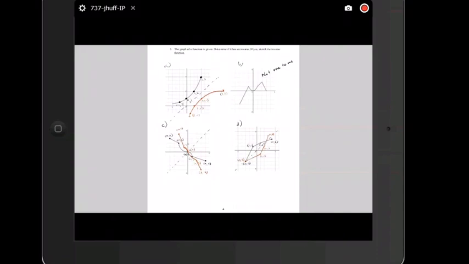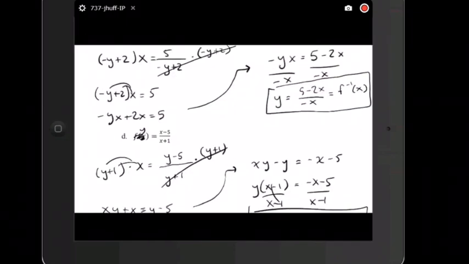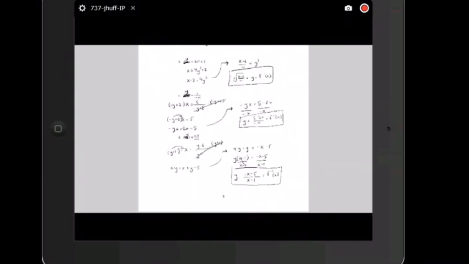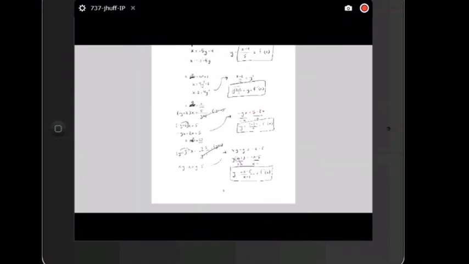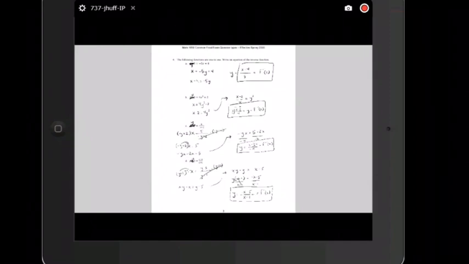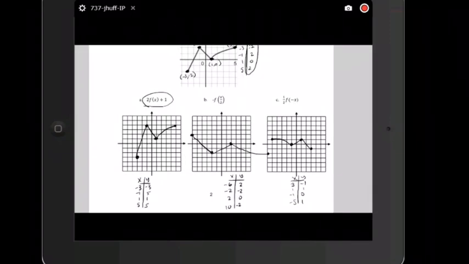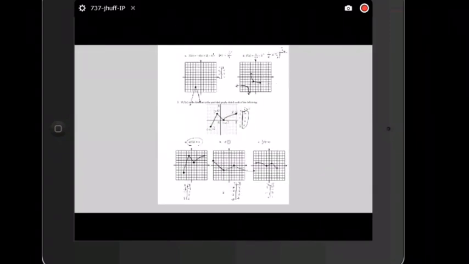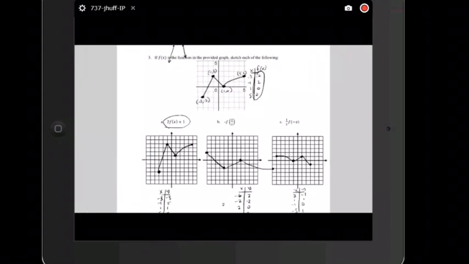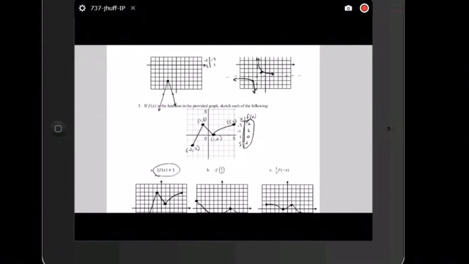So some of the key points here to remember then: finding the inverse of a function, both graphically. Question 5 here was finding the inverse graphically. If we go back and look, question 4 was finding the inverse algebraically by switching the place of x and y and solving for y. Question 3 was addressing transformations of functions, as was question 2.